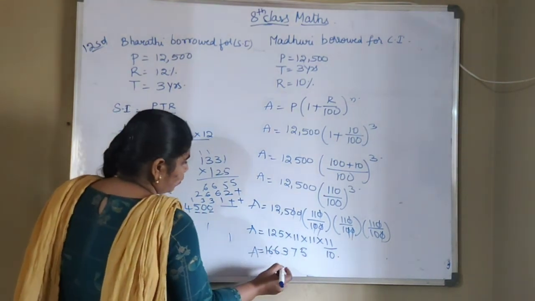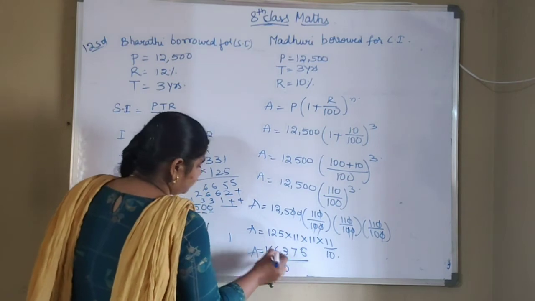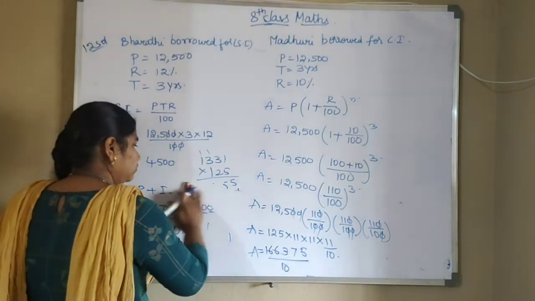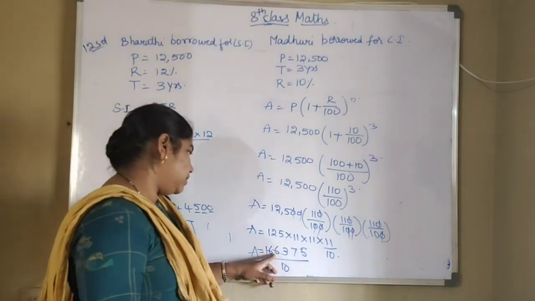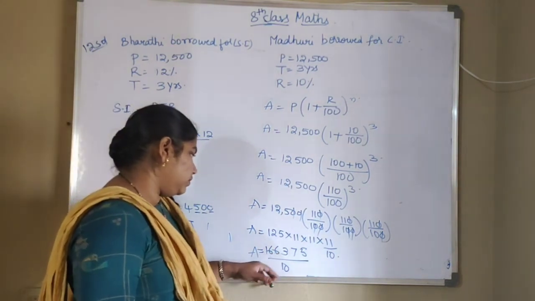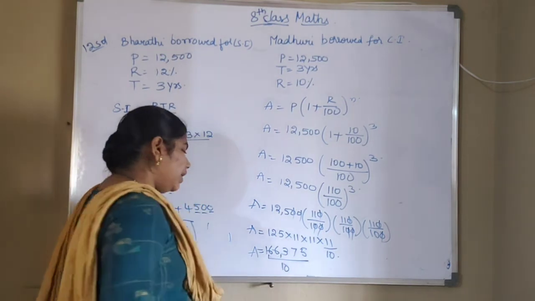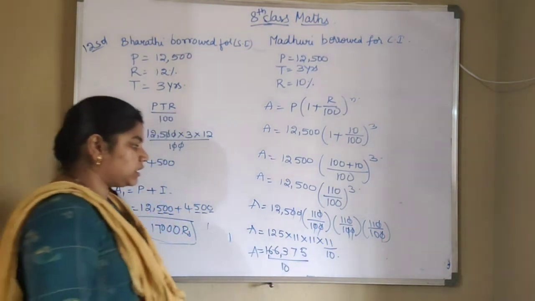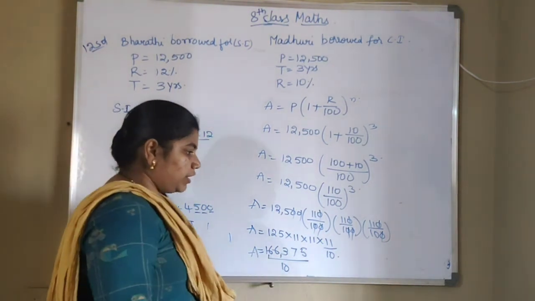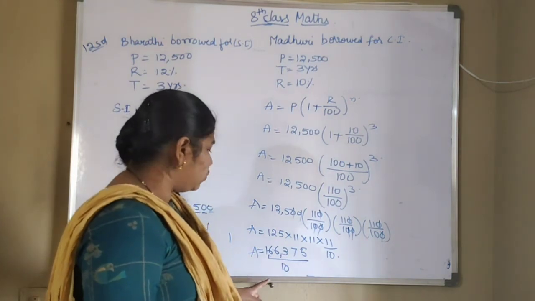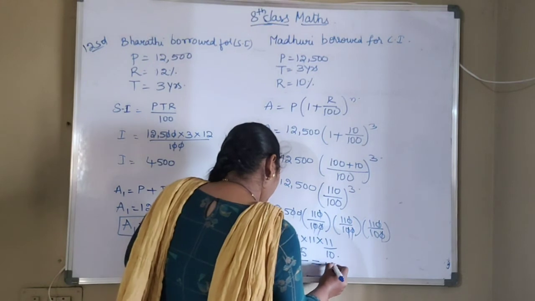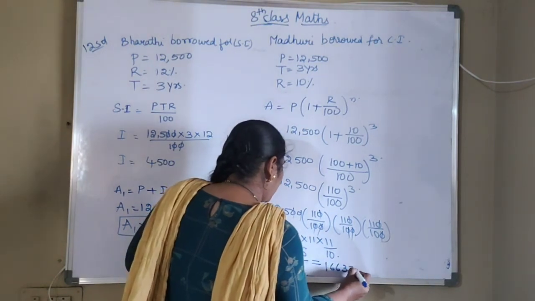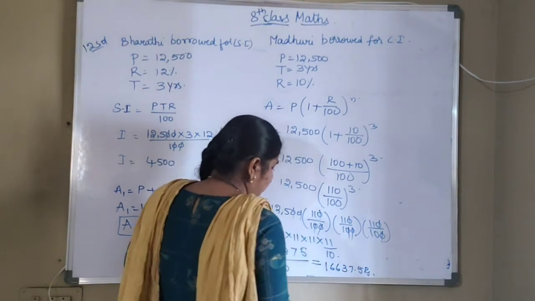So what is the amount value here? That is 1,66,375 divided by 10. In the denominator you have only a single zero, so after one digit you will get a point. So the answer will be 16,637.5 rupees.